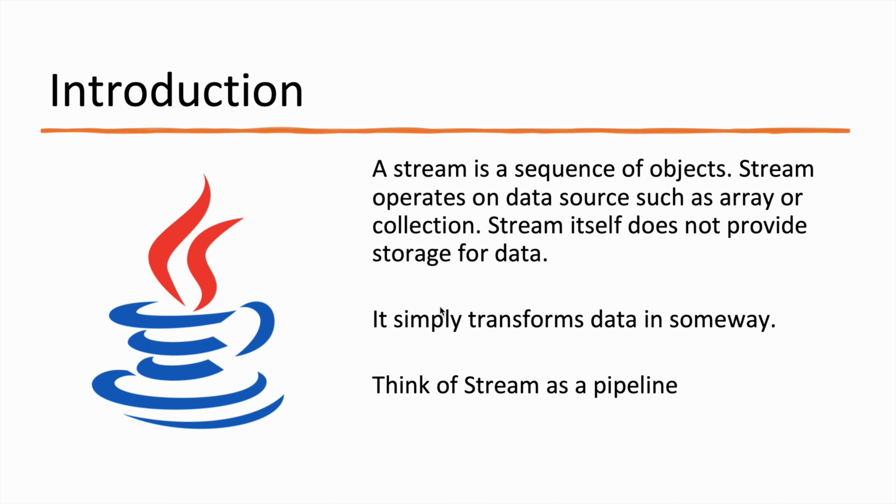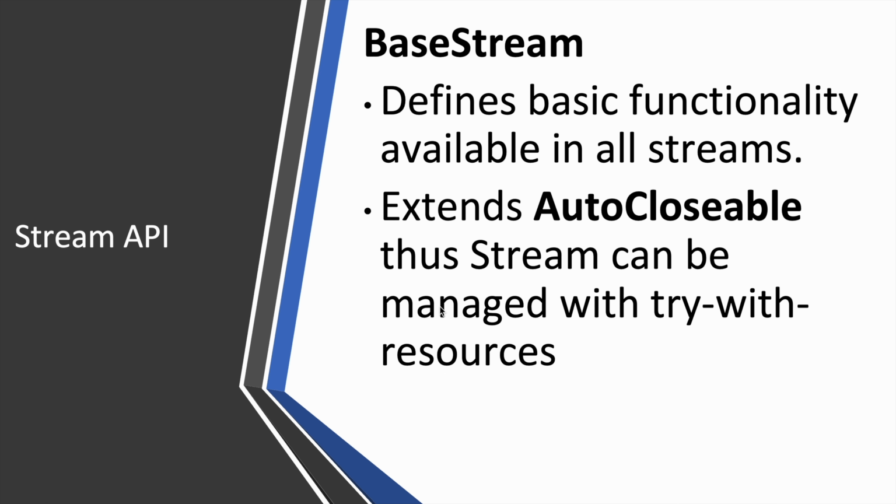When you have a pipeline that transports water, that pipe itself does not store the water, nor does it provide the source of water. It simply transports the water from one point to another.